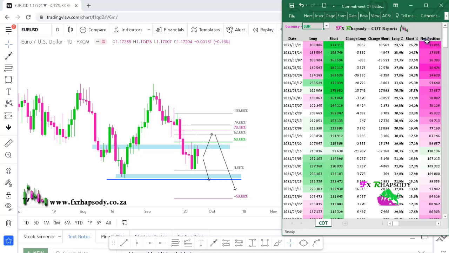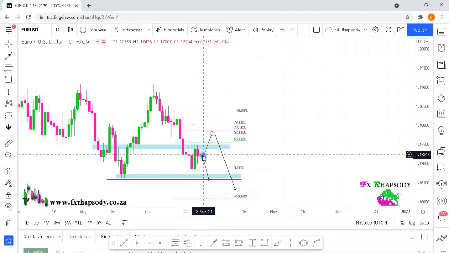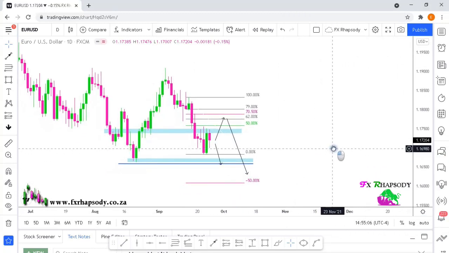So meaning a lot more shorts in the market than longs. And you can see last week, a massive amount of shorts was placed, 18,000, but also a little bit of long positions, which kind of indicates maybe that price might just push itself up to the upside before coming down to the downside.